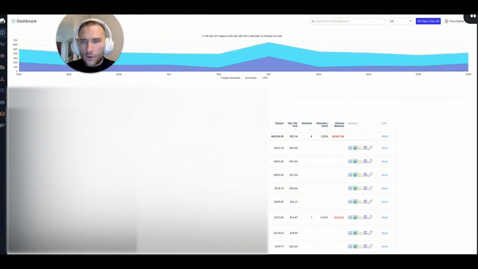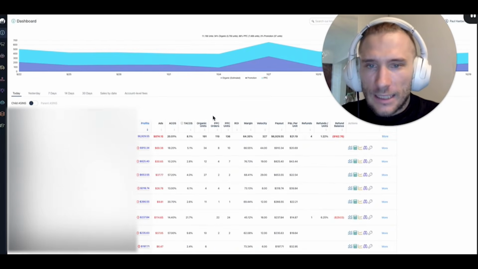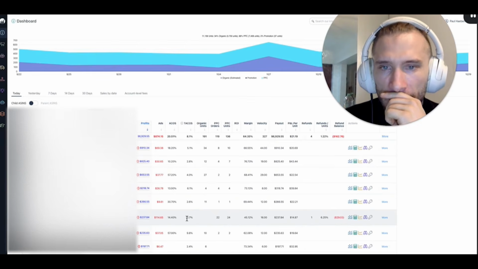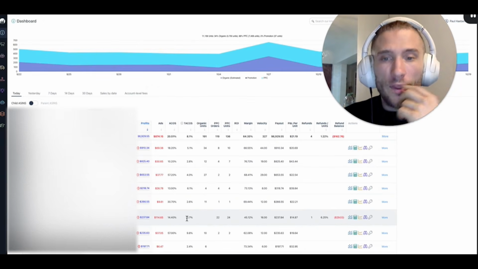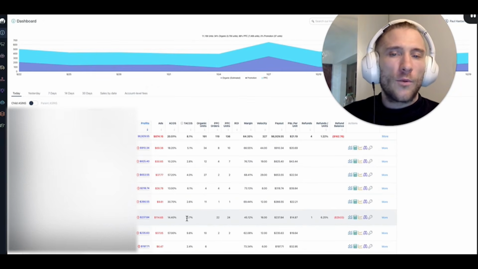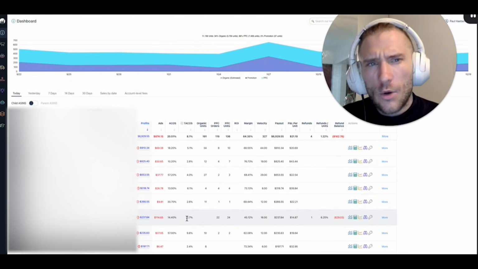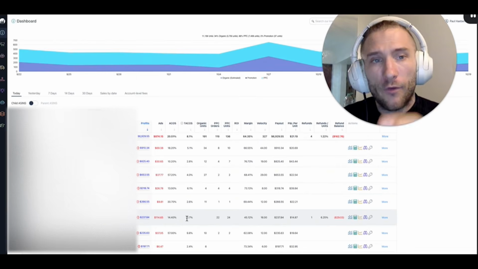One thing I would add though is that I would optimize ASIN by ASIN, because some ASINs obviously have a way better TACOS than the ASINs with the higher TACOS. So with a lower TACOS, even though I would see a keyword with an 80% ACOS, I wouldn't necessarily lower the bid because the bigger picture is still performing well, right?